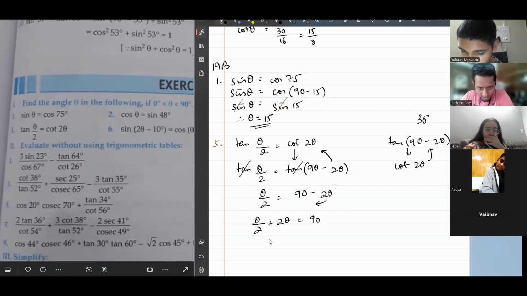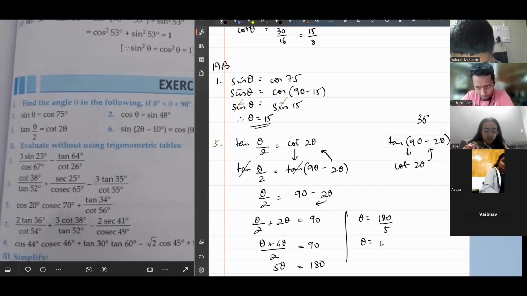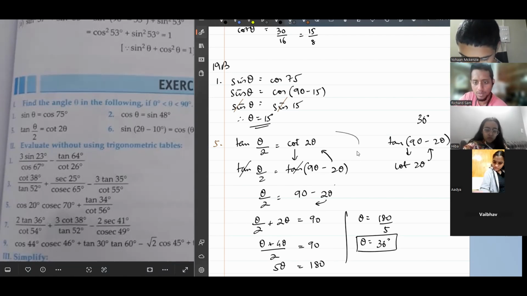Then we just do normal addition of fractions. That is theta plus 4 theta whole divided by 2 is equal to 90. That's 5 theta is equal to 180. And theta is equal to 180 divided by 5, which is equal to 36 degrees. Is that clear, everyone? This is where we applied the complementary angle formula.